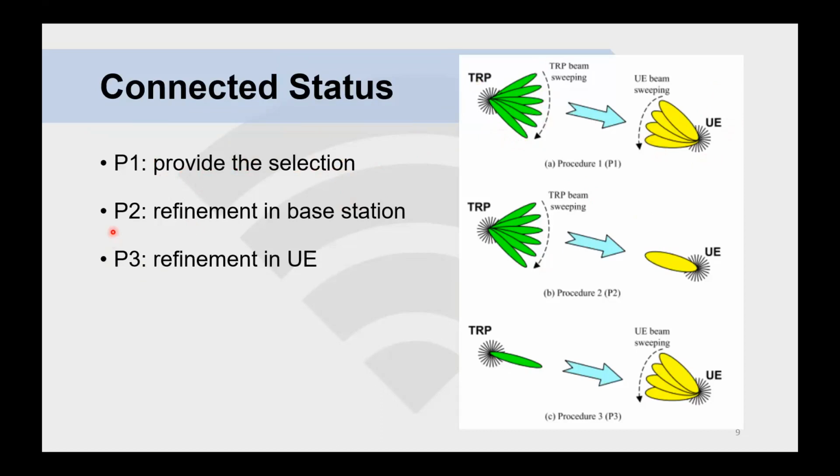For P2 and P3, it will do a refinement on the base station or on the UE side. What is refinement? We can interpret it as narrowing the scope of beam sweeping, so that they can reach the UE precisely.